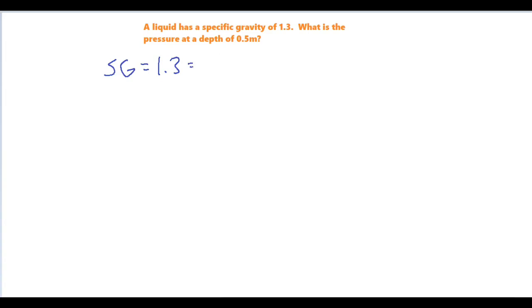And the value of 1.3 is always a ratio that is the density of the liquid over the density of water. And we know the density of water is always 1,000 kilograms per meter cubed. So it's basically an indirect way of giving you the density of that unknown liquid.